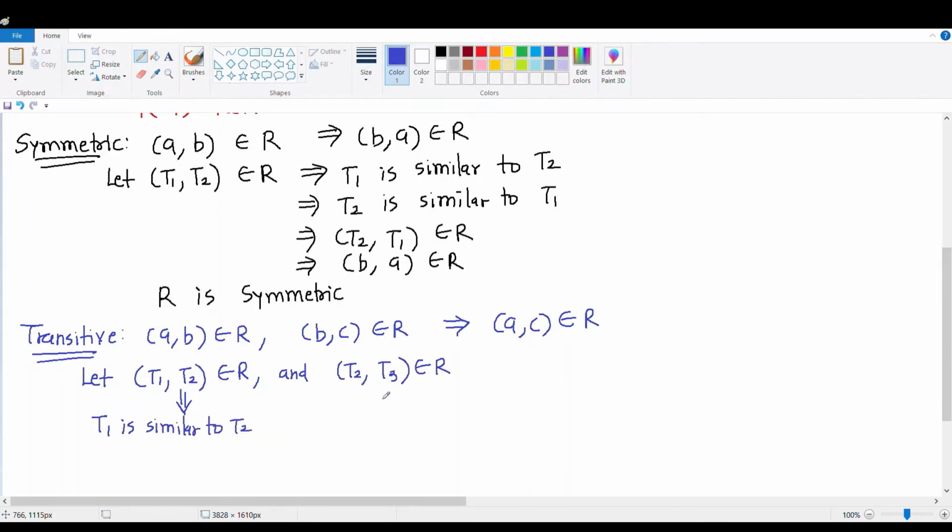And since (T2, T3) belongs to R, T2 is similar to T3.